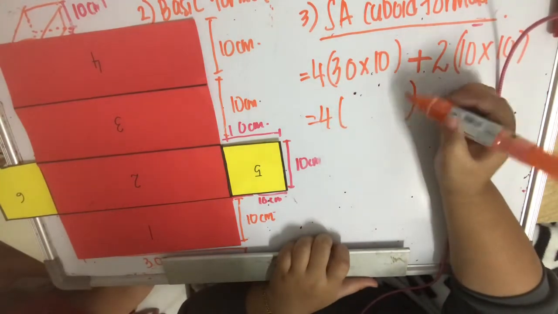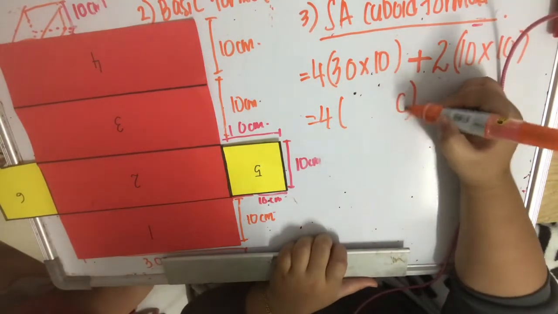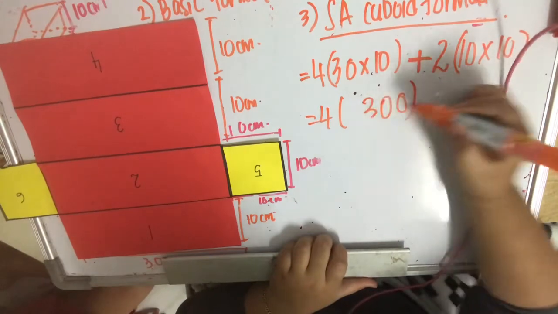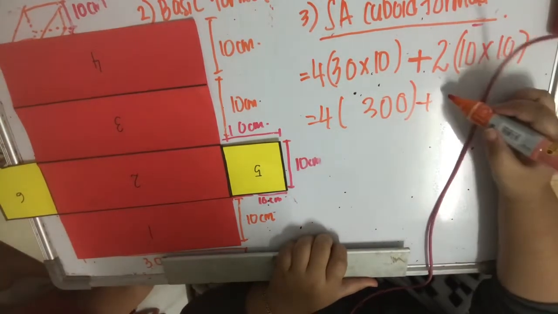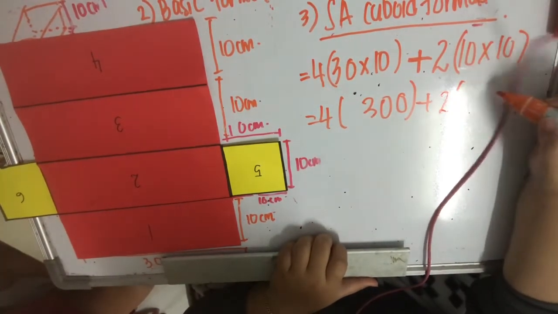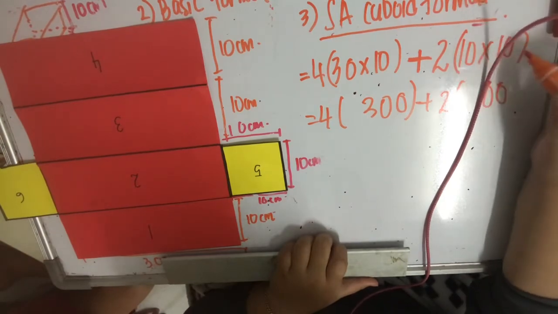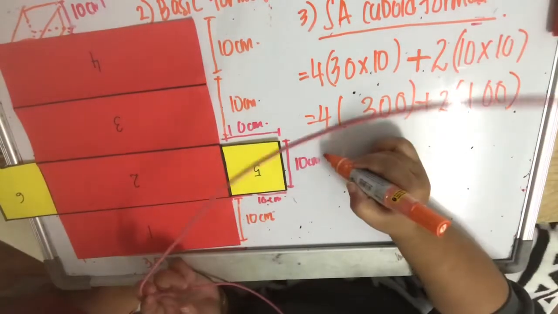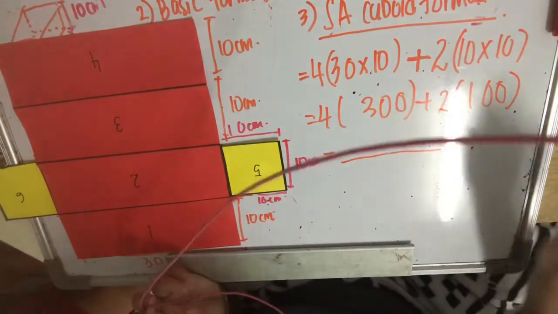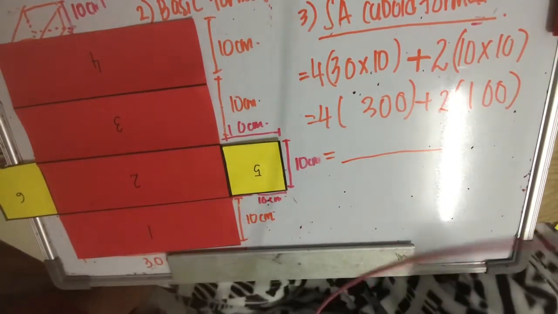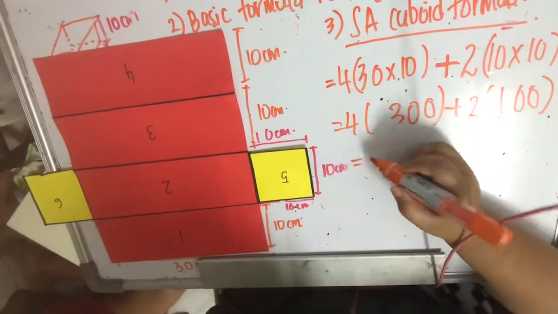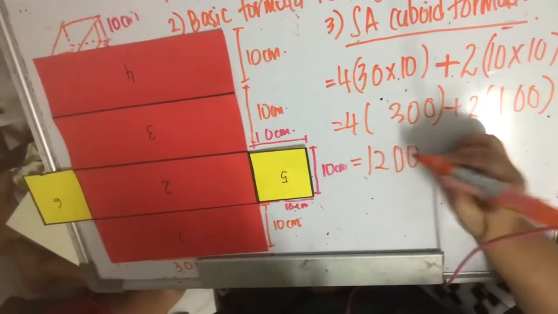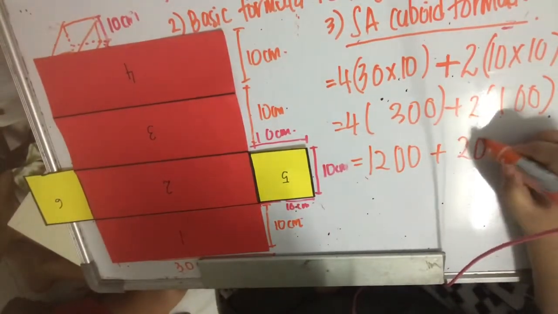How many zeros do I have? I have 2 zeros. 1 times 1 is equal to 1. Then you solve it for an answer. 4 times 3 is 12,000 plus 200.